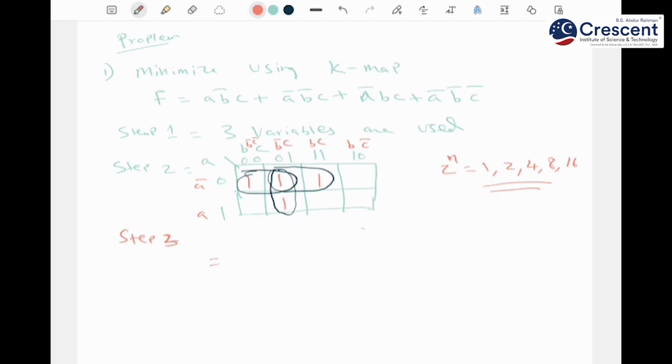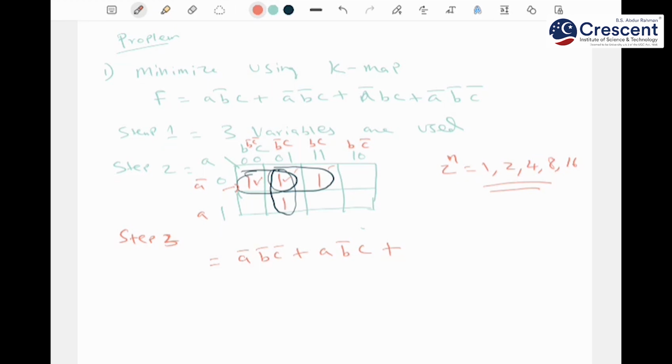So now taking each and every group and writing it, you will get a bar b bar c bar plus a bar b bar c. I am writing it for the first group, where these two terms are combined. Next, plus now I have to combine this cell and this cell.